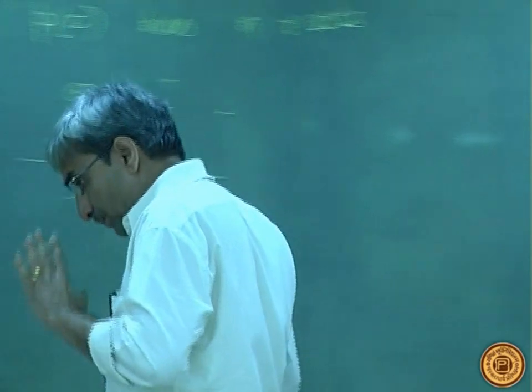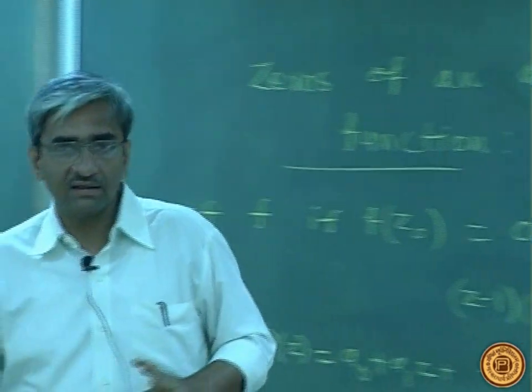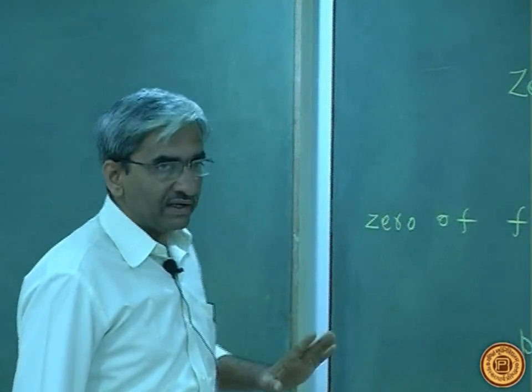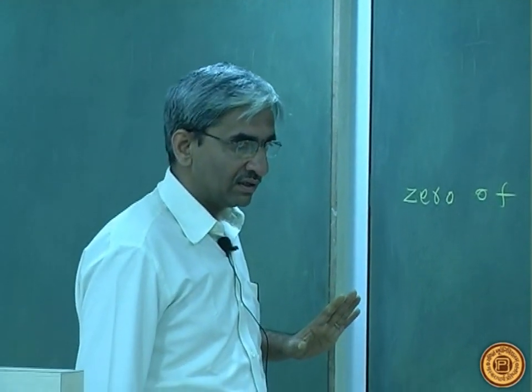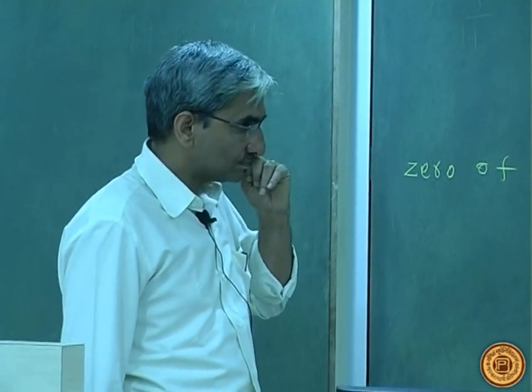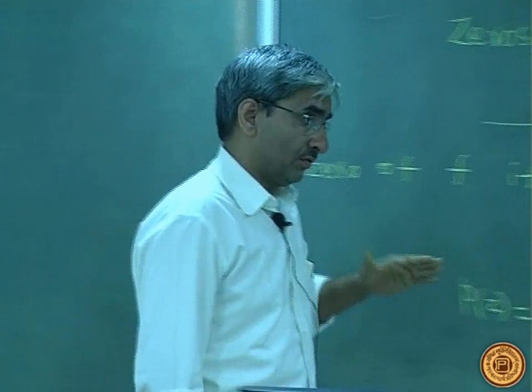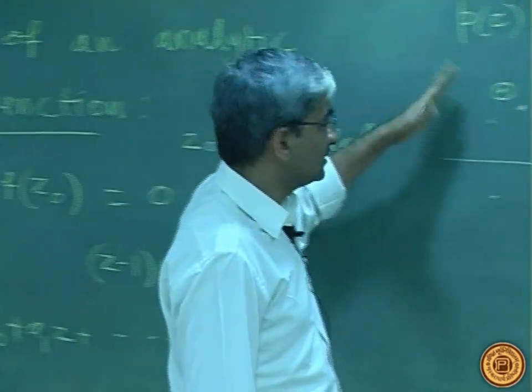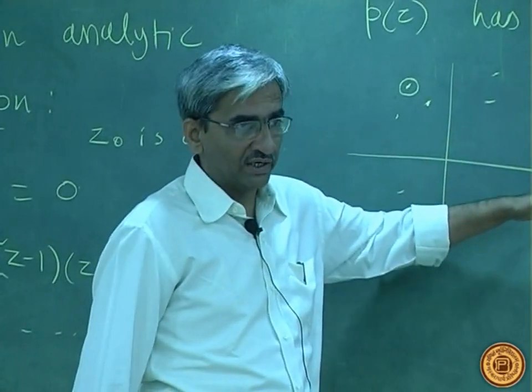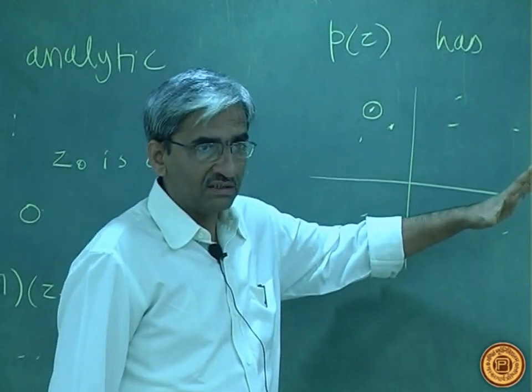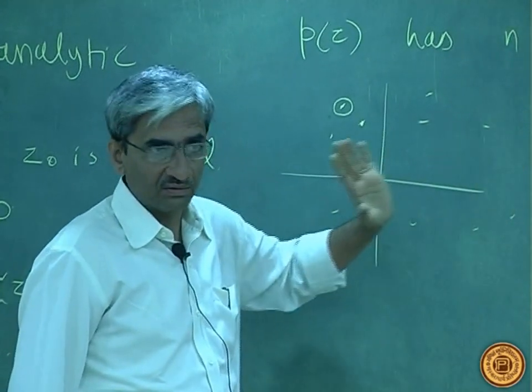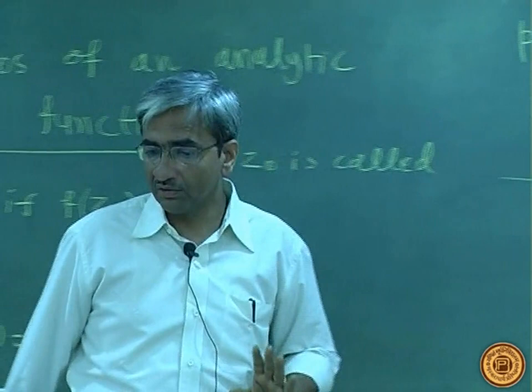Is this clear? So the fundamental theorem of algebra tells us that a polynomial of degree n has n roots, and therefore further we can say that the zeros are isolated. If you take any polynomial, the zeros form an isolated set.